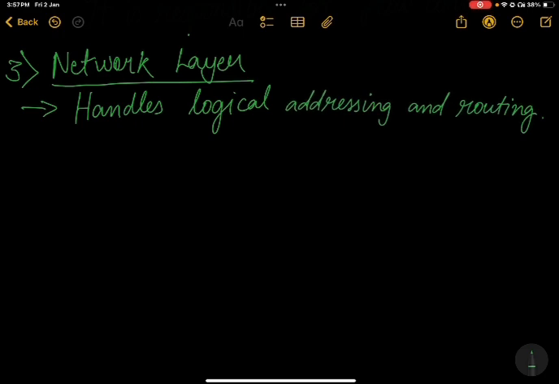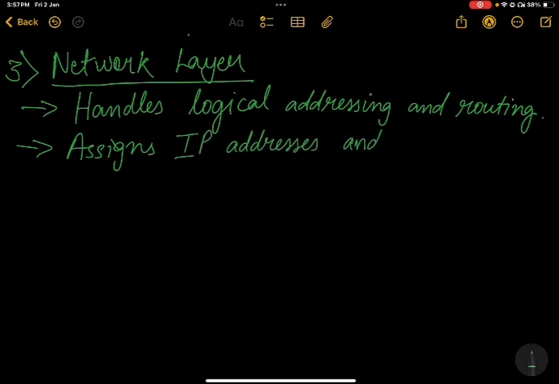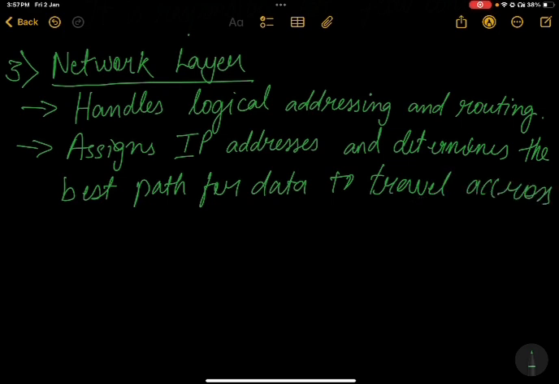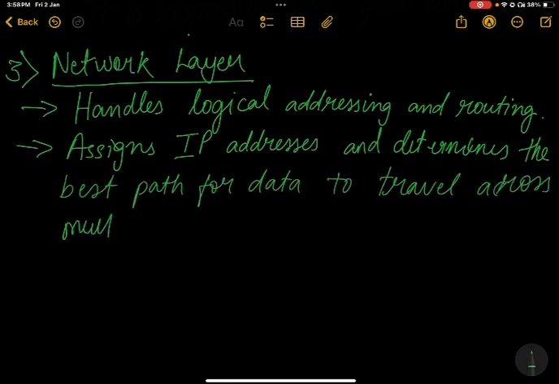It assigns IP addresses and determines the best path for data to travel across multiple networks.